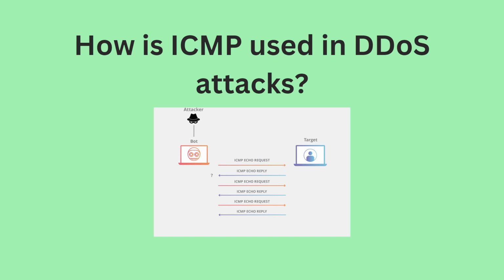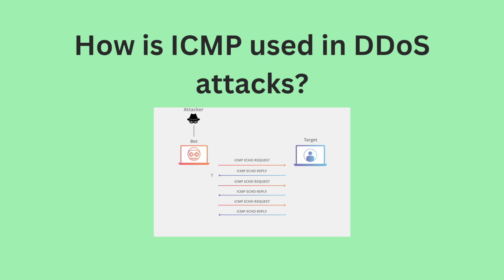The hacker can target the system and bombard it with a large number of ICMP echo requests, and by default, the system will reply with ICMP echo replies, but only up to a certain limit, as it also has a certain bandwidth. So ultimately, the site will not be reachable, and this is what we call a distributed denial of service, DDoS, attack.